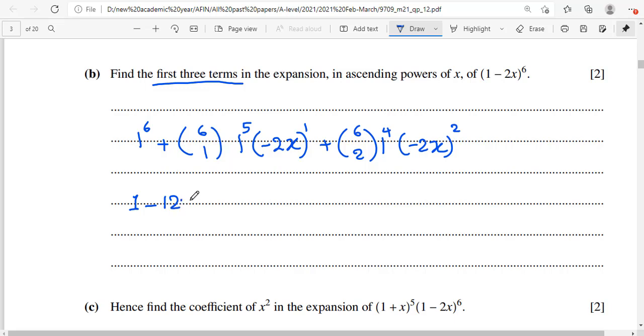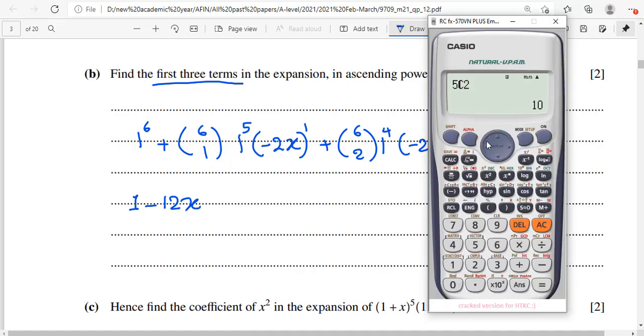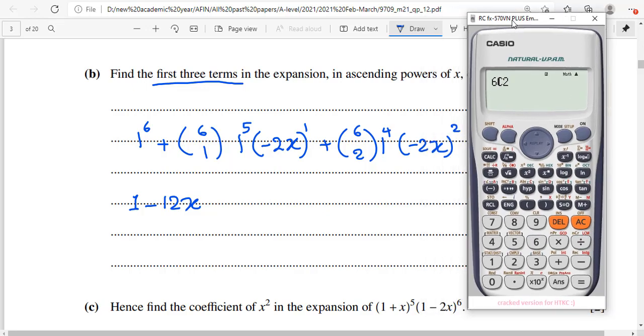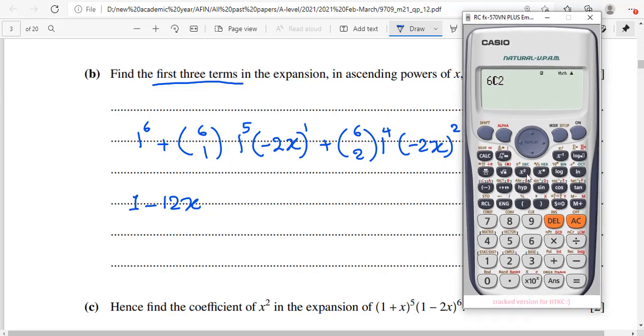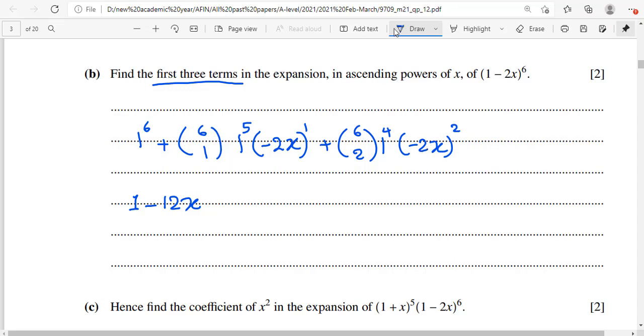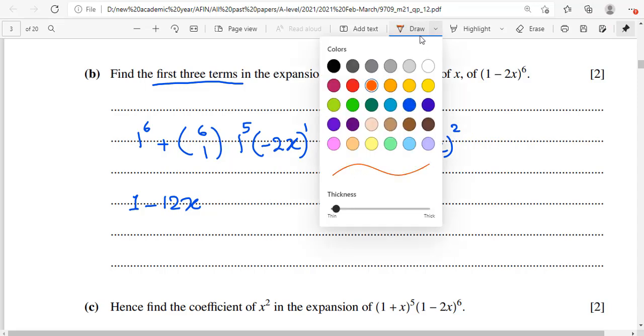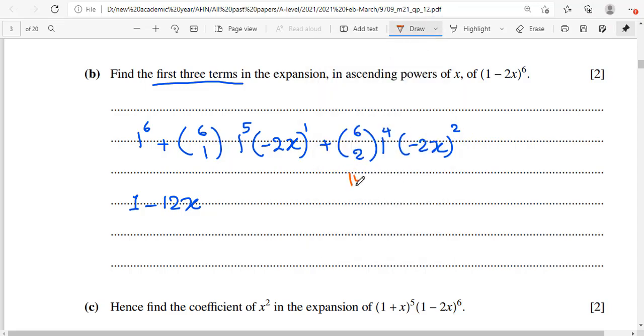Negative 12 x power 1. And here combination from 6 to 2. Do these by calculator to avoid mistakes. Okay, this is 15. Let's record this. This is 15. 15 times 1 is still 15.